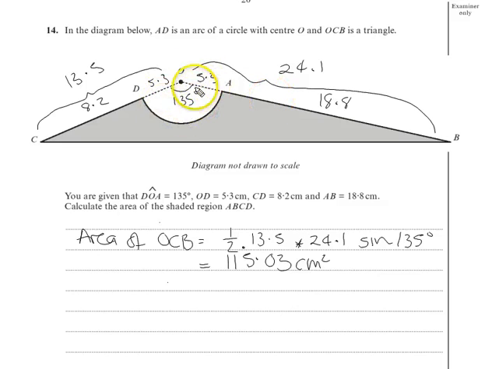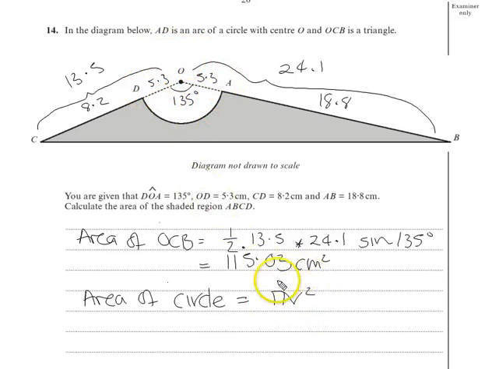Great. Now we need to work out the area of this sector of a circle. The area of an entire circle we know is pi r squared, and that's when it goes around 360 degrees. So the portion of the circle we've got, or the fraction, is 135 parts of 360, haven't we?